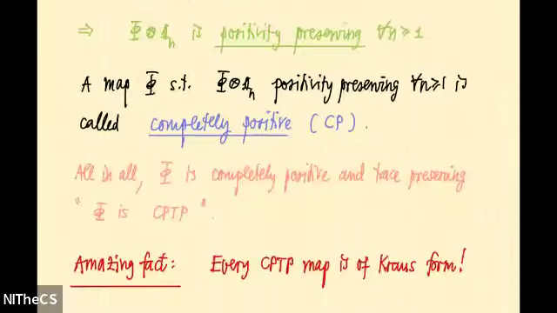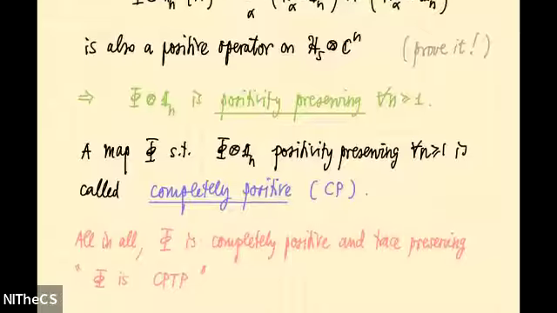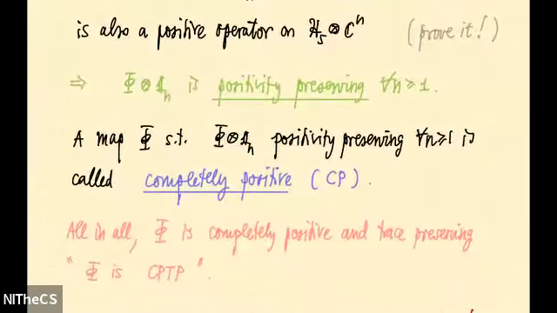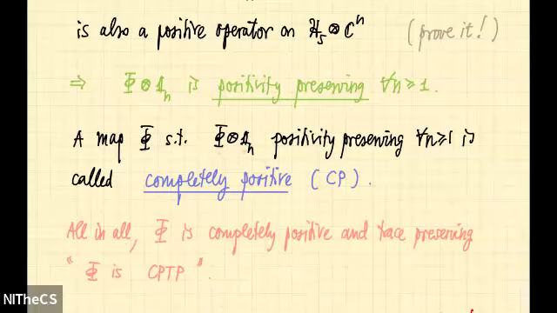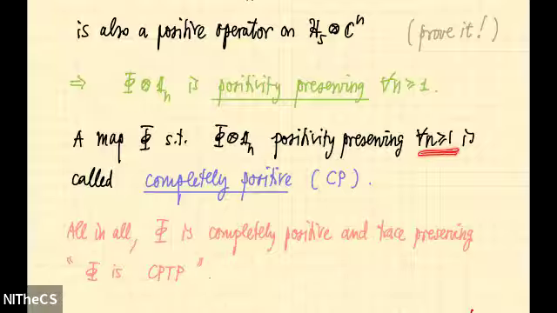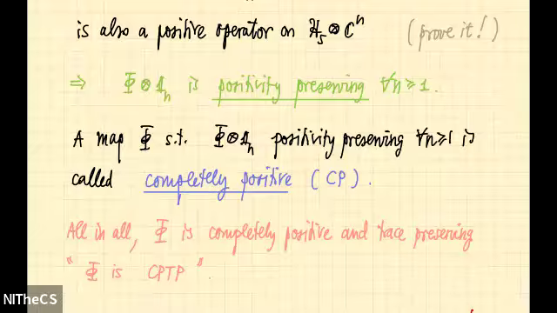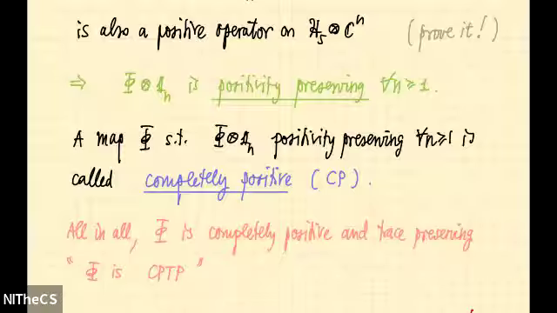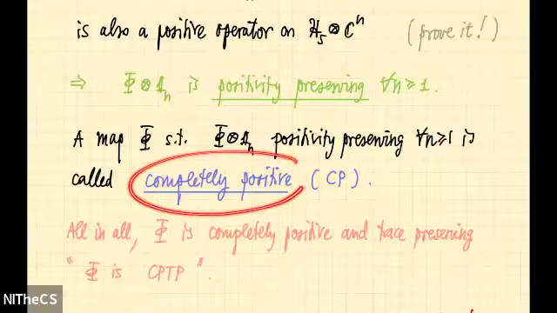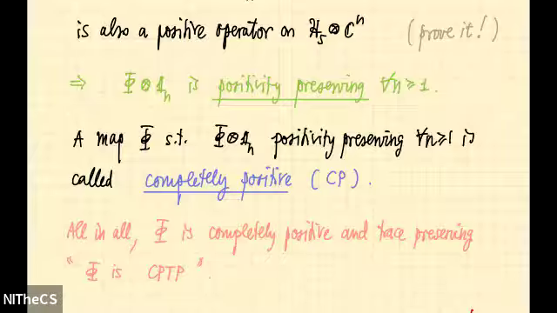A map phi whose amplification phi tensor 1_n is positivity preserving no matter what n is, is called a completely positive map. Okay, so that's a notion that maybe you haven't seen before, but that's the definition. It's a completely positive map.